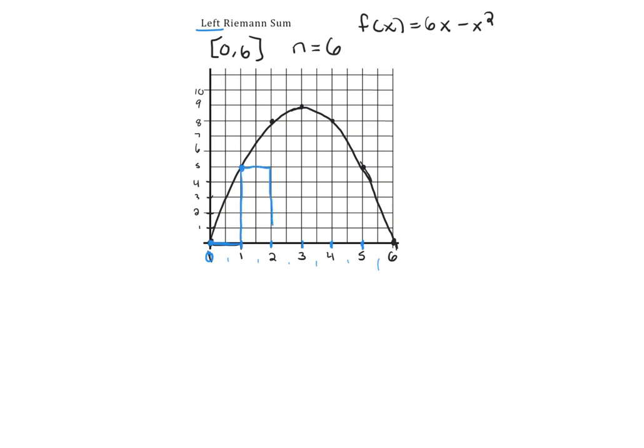So there's my first rectangle. Then at 2, I get a point and I go over. At 3, 4, and 5.